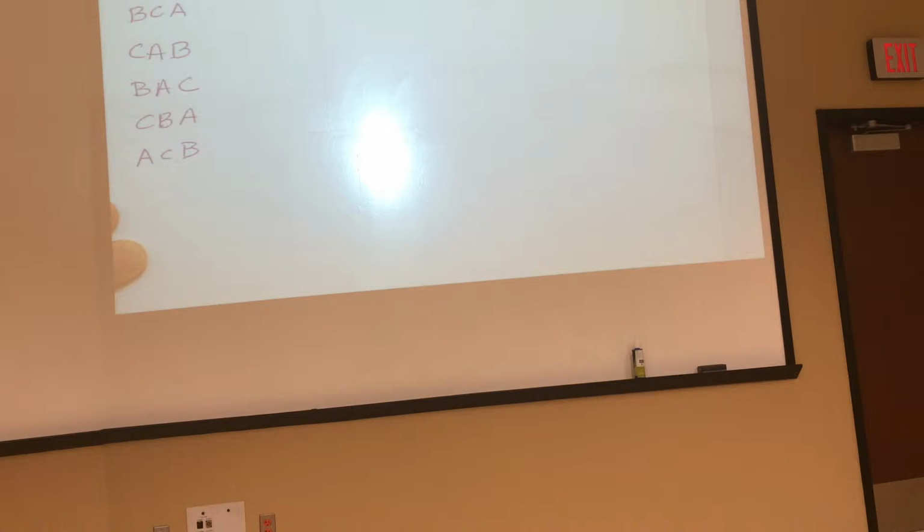Is that all of them? There's 3 things, right? How do we know how many possible random orders there are? 3 times 2 times 1. That means there has to be 6 orders on this list. Are there 6? Yes. We're done. Stop. All right. 3 times 2 times 1. 6 orders. You have all possible orders of those 3 things.